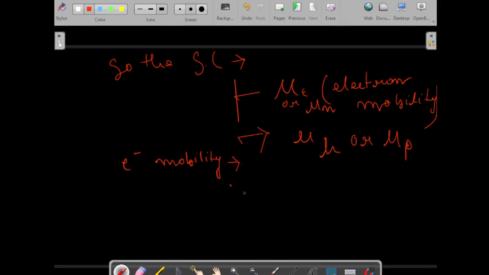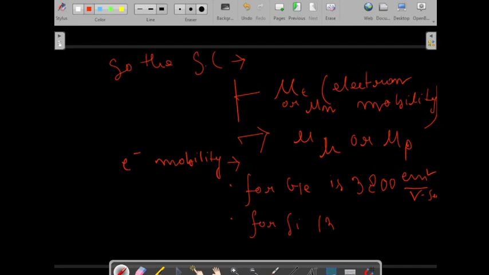The value of electron mobility for germanium is 3800 cm square per volt second, and for silicon the value is 1300.